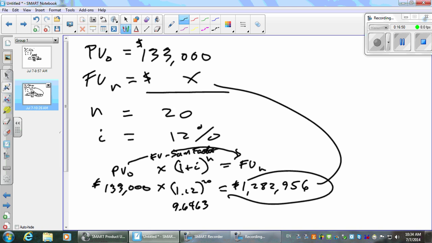What are you going to have to do, though, to not screw these problems up? Read carefully. How long is it going to take you to actually do the math? A few seconds. What if you do the math using the wrong factors? You get the wrong answer. Why do my students in intermediate, who all know how to do this, have an average of 10.5 on this quiz? They all know how to do these calculations. They didn't read the problems carefully.